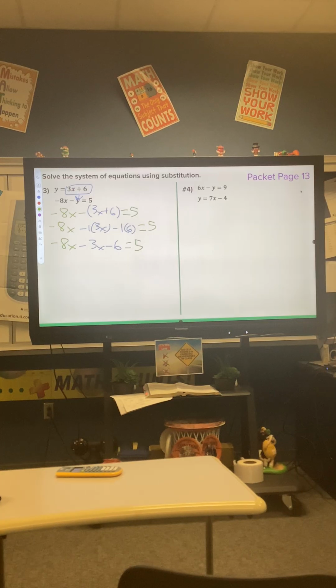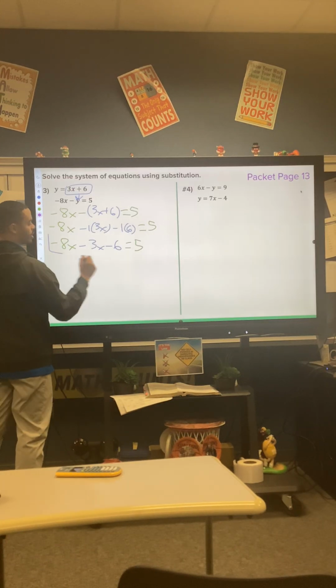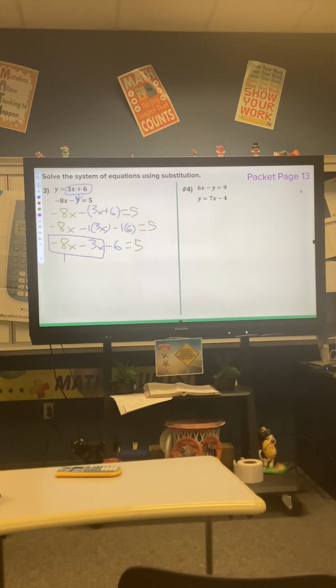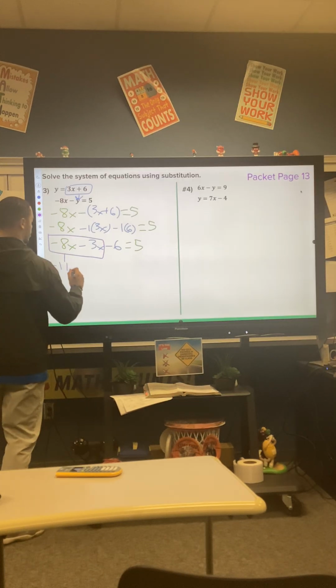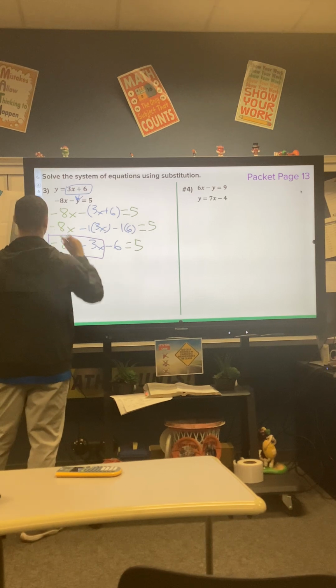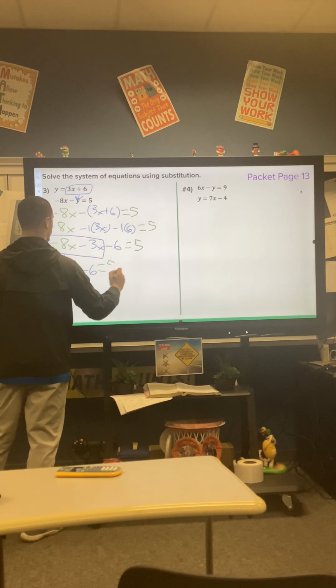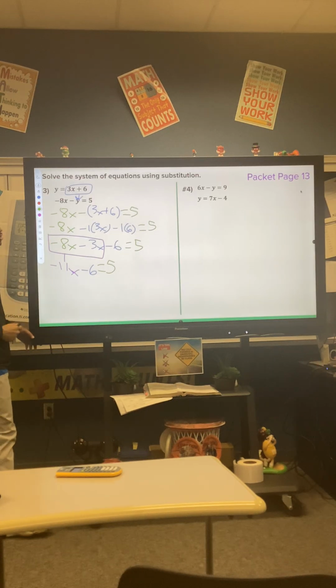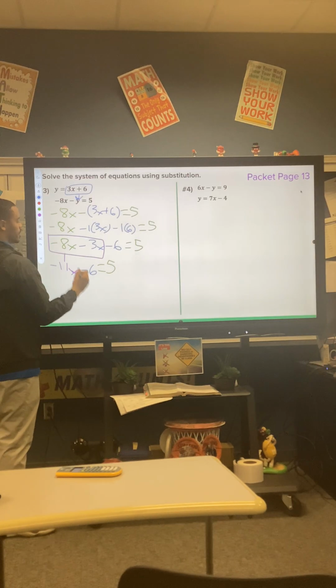Cool. Next thing I should do is combine my like terms. -8x minus 3x should give me a -11x. And I still have my -6 is equal to 5. Now I'm going to add 6 to each side.